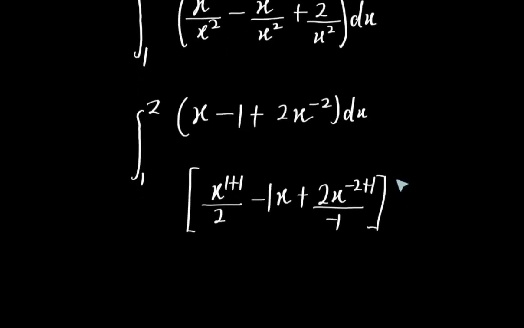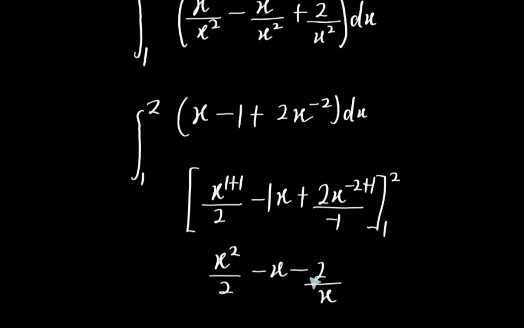When you get to this stage, you have your upper limit of 2 and your lower limit of 1. You simplify to the lowest form, which gives x² over 2 minus x, and then negative 2 over x.